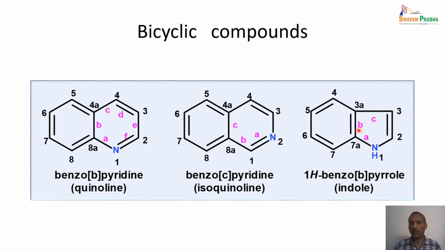Whereas in the case of indole, that is pyrrole, we have a hydrogen attached to the nitrogen, so that is mentioned as 1H. Then the benzene unit is fused to the B face of the pyrrole ring. So 1H-benzo[b]pyrrole is the name for this particular compound. This way we can name bicyclic heterocyclic compounds.